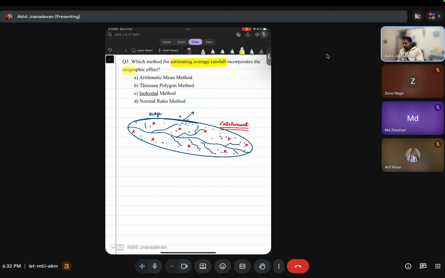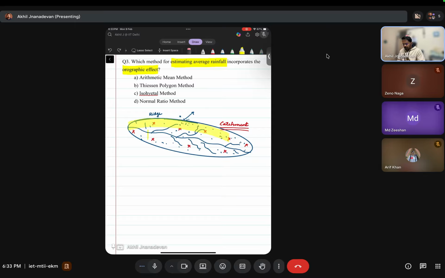Orographic effect is nothing but if there is a mountain or a very hilly region in your basin, say this side is a high elevation mountain region, or in the Ganga Basin, in the north side we have the Himalayas.